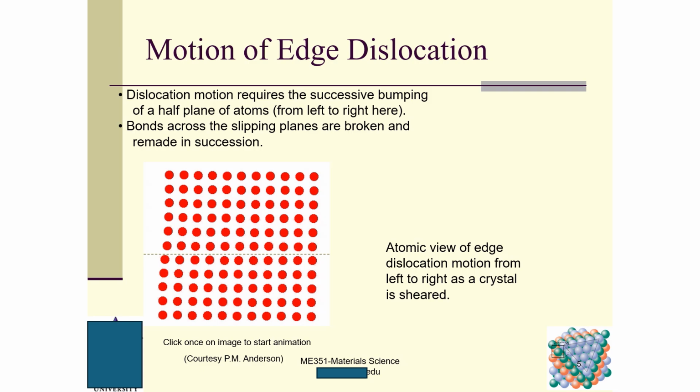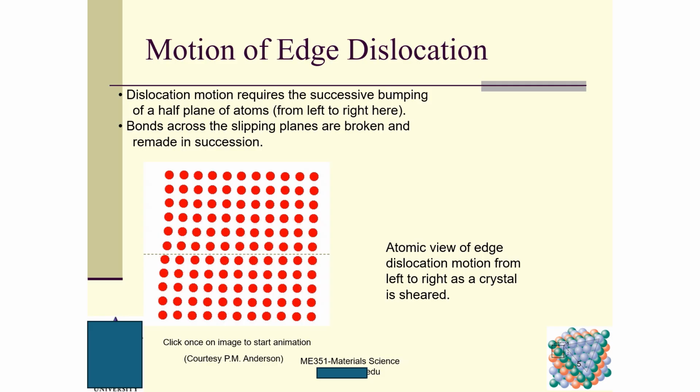So here is the motion of an edge dislocation. Dislocation motion requires the bumping of a half plane of atoms from left to right, in succession, across the slip plane. The bonds are broken and remade in succession.